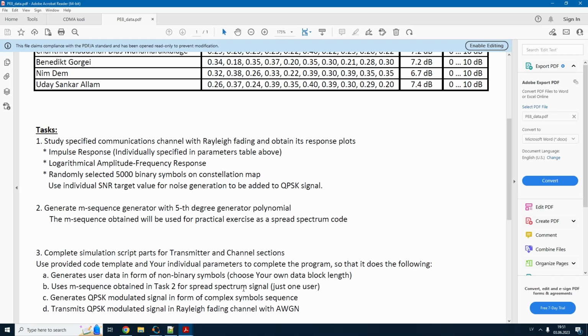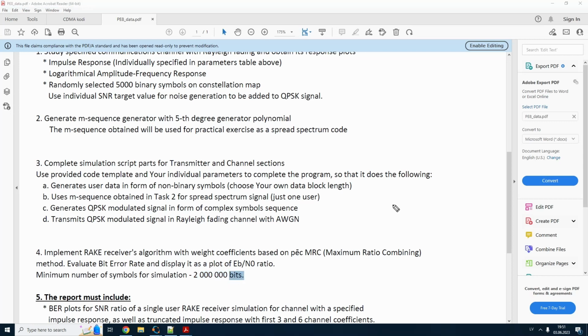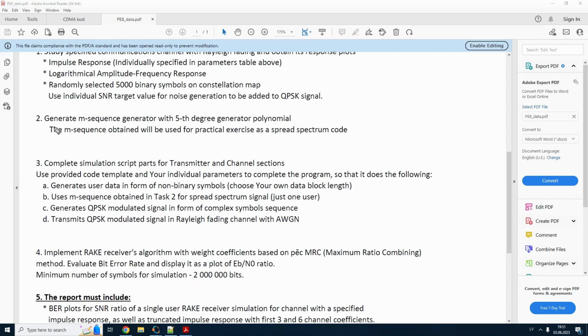Here you can see that we need a minimum number of symbols for simulation to have 2 million bits. We are using QPSK modulation, so that would produce 1 million symbols, each for 2 bits, which still is quite a lot, considering we are going to replace each of these bits with an M sequence of length 31. So actually this is going to produce 60 million bits, and your simulation may not run so well in that case.